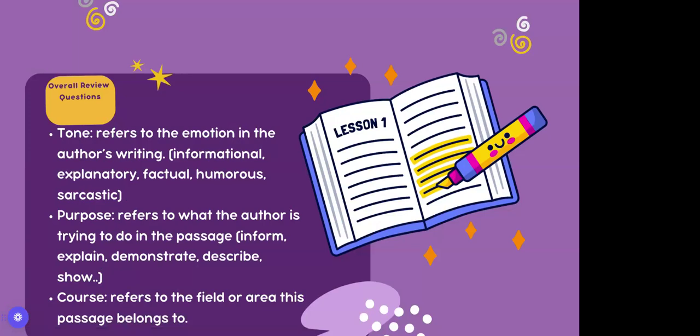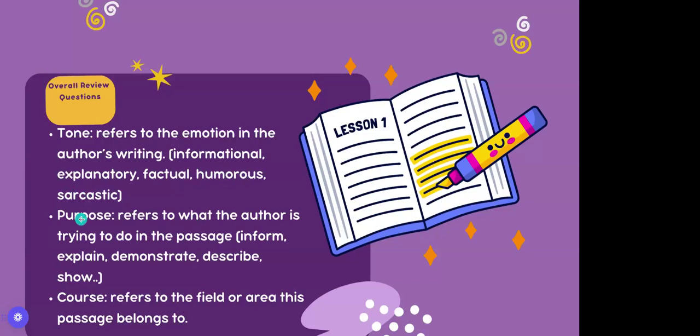So very commonly, the tone will be informational, explanatory, or factual, because the author is not really trying to transmit feelings, but information. But other times, there could be text in which the author is trying to create humor, in which case it will be humorous, or if it's criticizing something, maybe the author is trying to be sarcastic.